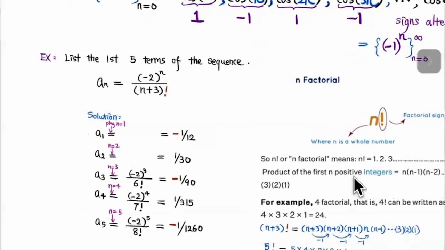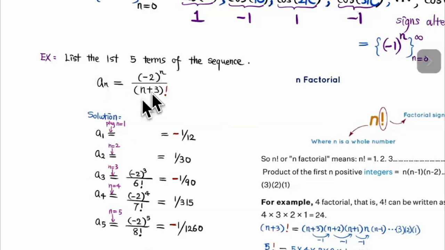Now let's try to get a little bit more comfortable with sequences by listing out the first couple terms of a sequence. This one here is the general term of a sequence. Let's find A1. So let's plug in n equal to 1. What does A1 equal?